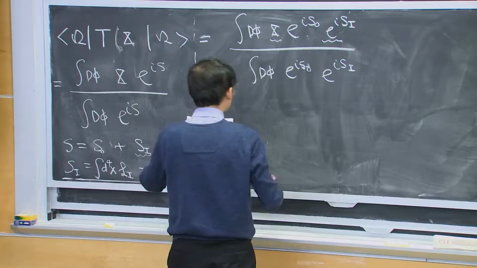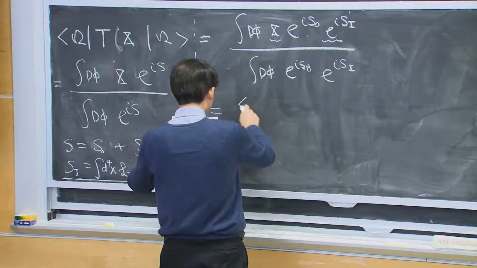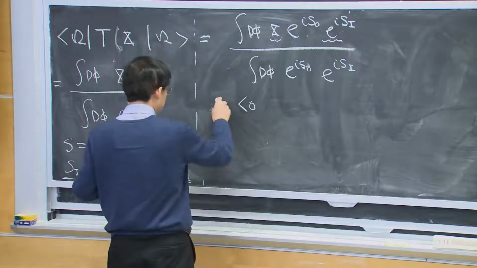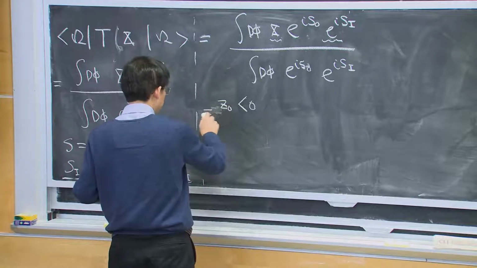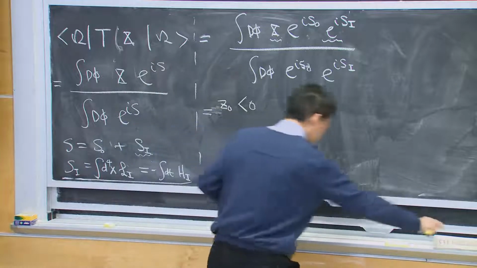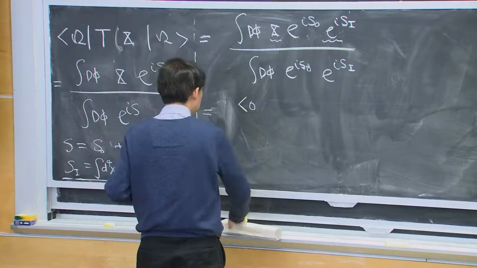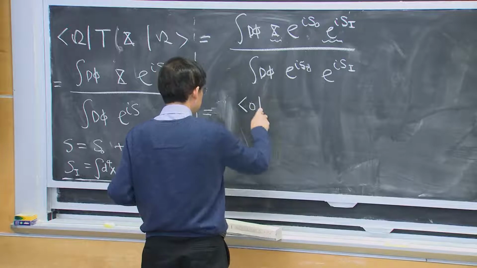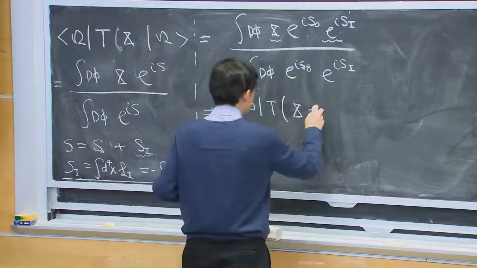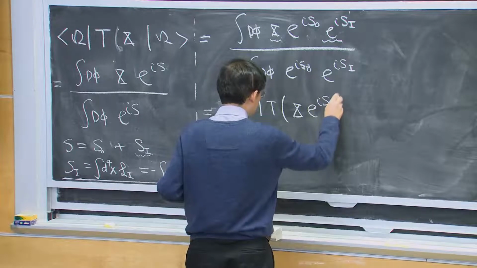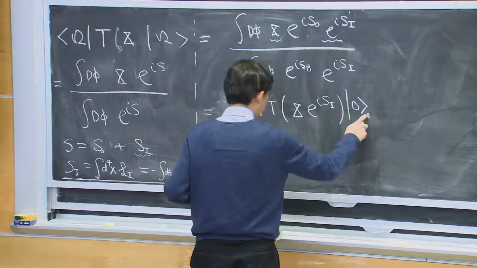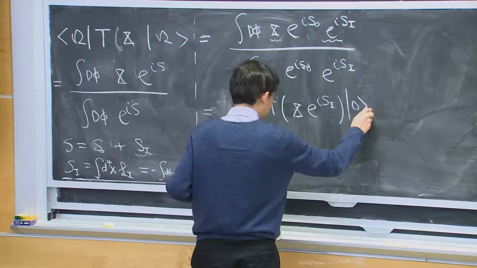So we can write this as now in free theory. Upstairs should correspond to Z_0, but let me not worry about it at the moment. So now you can write it as the time-ordered X times the expression e to the iS_I, in the expectation value with subscript 0, which means in free theory.